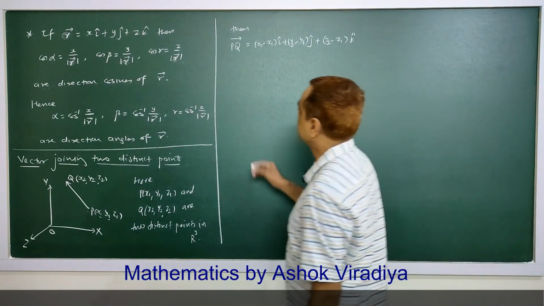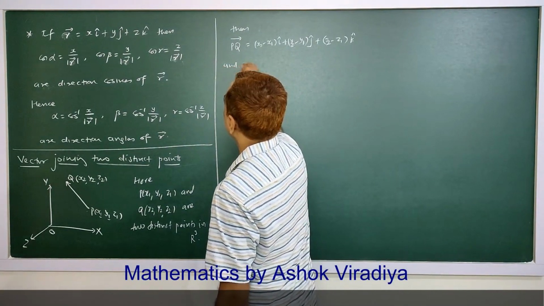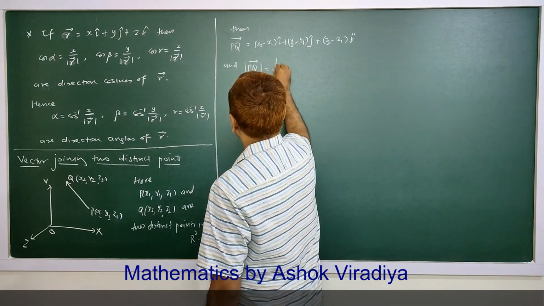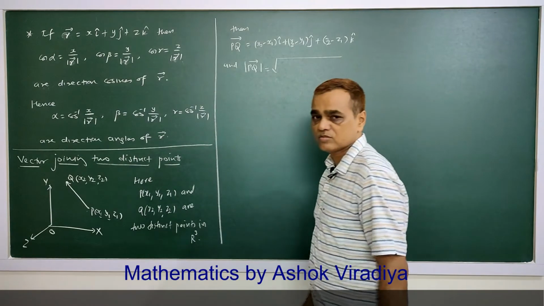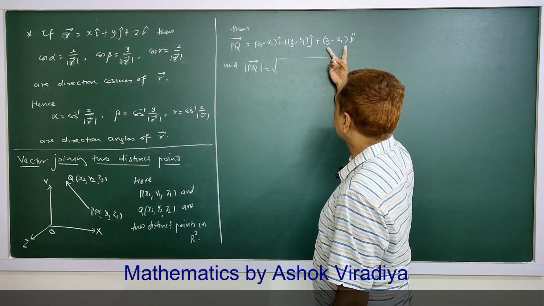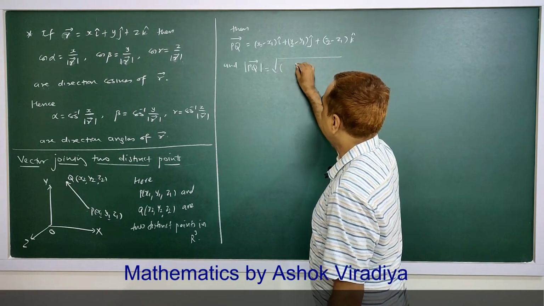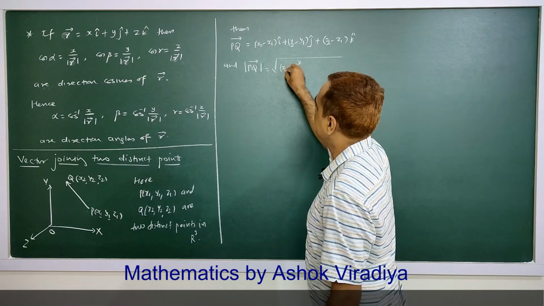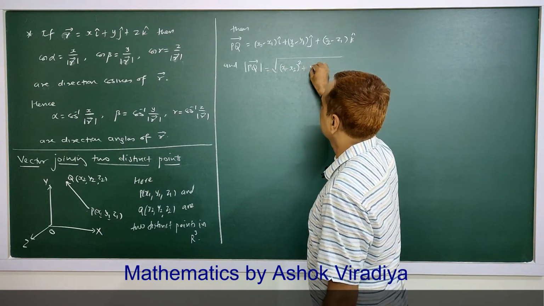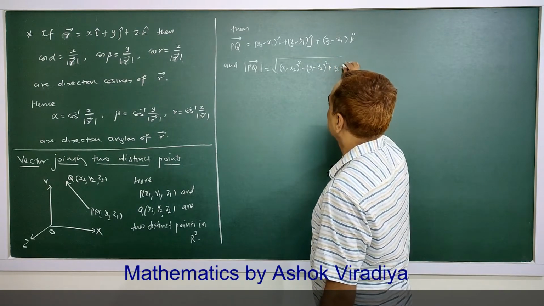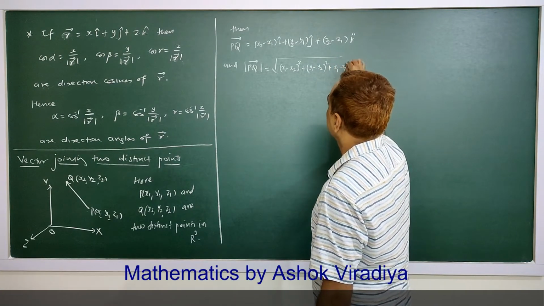And its magnitude is, magnitude of this vector is square root of square of this number plus square of this number plus square of this number. Now because of the square we can change the order of this difference. So we can put here x1 minus x2, y1 minus y2, z1 minus z2.